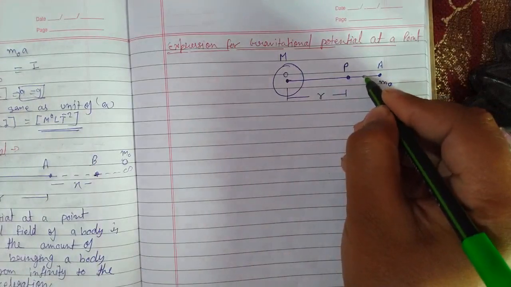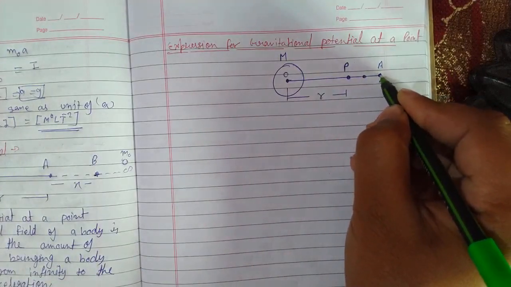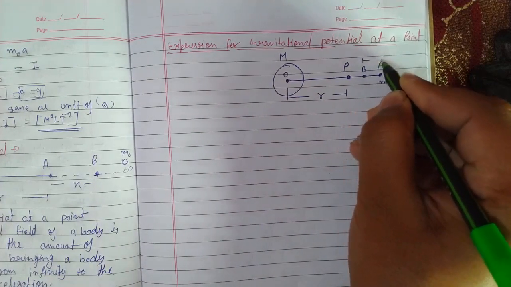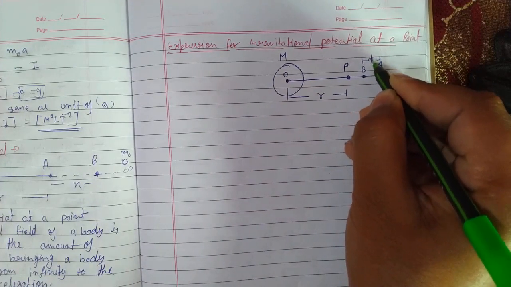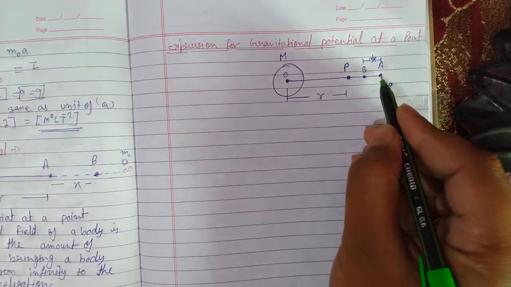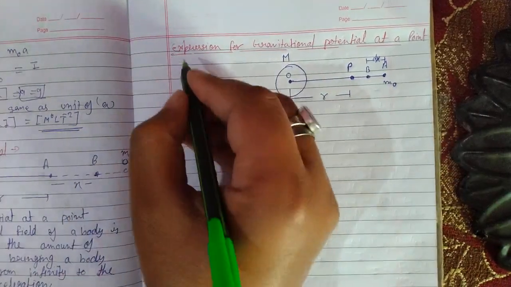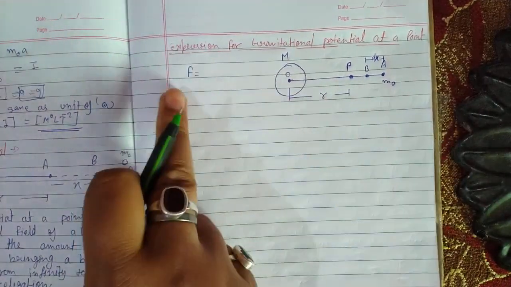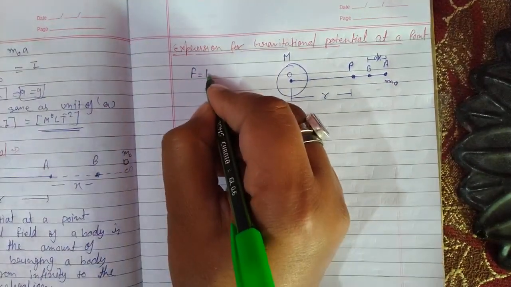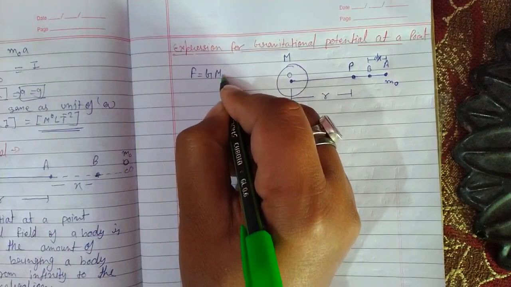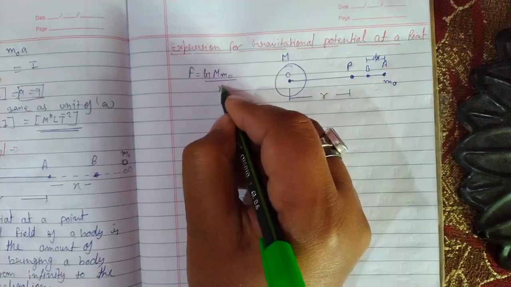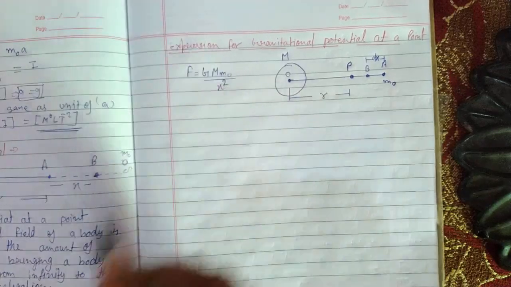So if in between A and P there is a point which is at distance dx, we know that the force experienced by the two mass bodies according to Newton's law of gravitation is G M m0 upon x square.